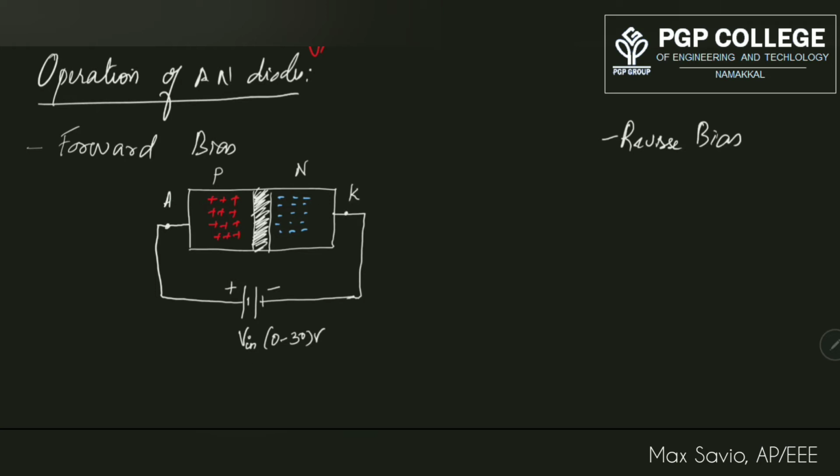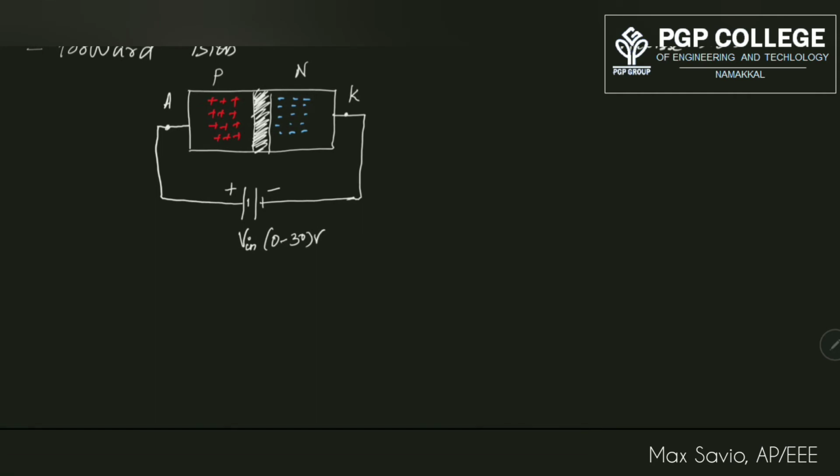Initially, at the point of 0, I'll show you graphically so that you can understand easily. I'm taking the x-axis and the y-axis. On the x-axis I take the input voltage, and on the y-axis I take the current I flowing through the PN diode. Initially at 0 there is no conduction.